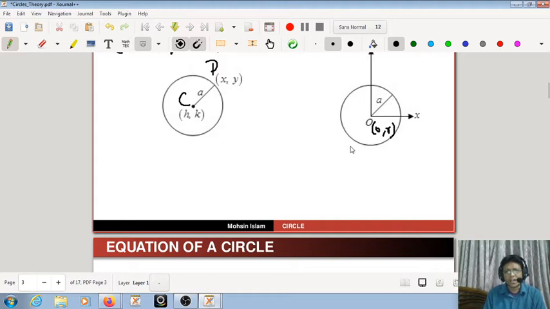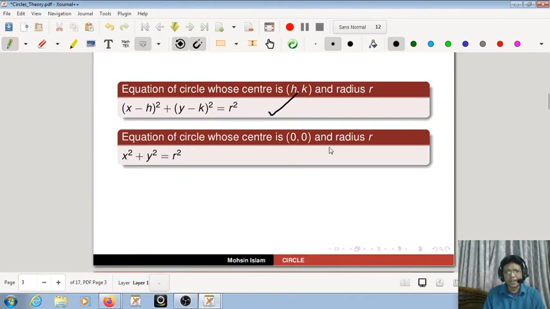So this is the circle, two-dimensional. Actually you are doing two-dimensional geometry. This gives you the equation of the circle as x square plus y square equal to a square. This is the simplest form of the circle if the center is at (0, 0) and the radius is a. That is the particular case of the equation of the circle.